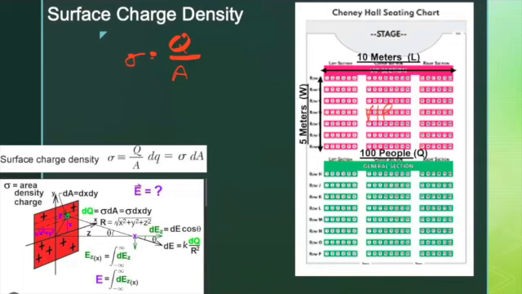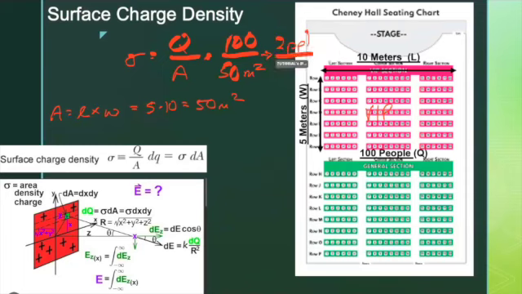Well, first, we know our area for a rectangle is length times width. So in this case, 5 times 10 is going to be 50 meters squared. And then we have 100 people. So we have 100 people over 50 meters squared, and that's going to give us two people per meter squared.